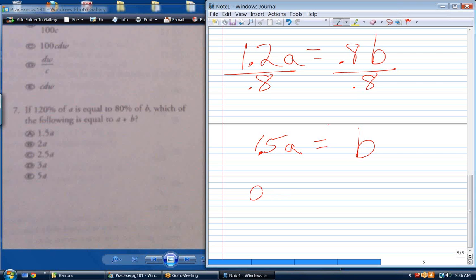So now what is A plus B? We have A plus 1.5A. That's equal to what? I'm sorry, I'm trying to write this down as we're going along here.